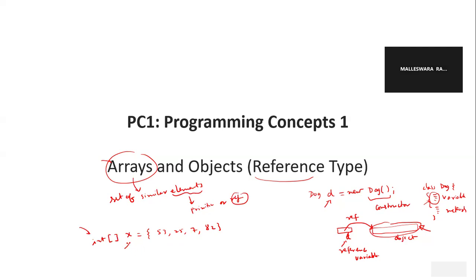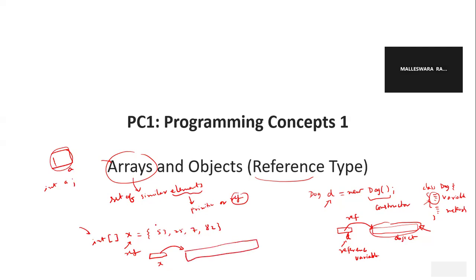So this variable x is a reference variable. When you write int a, a is a variable, an integer, which is 4 bytes. Whereas this one, x, is a reference type. x is a reference to what? To a set of integers.